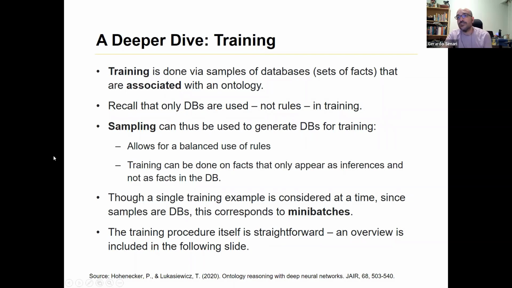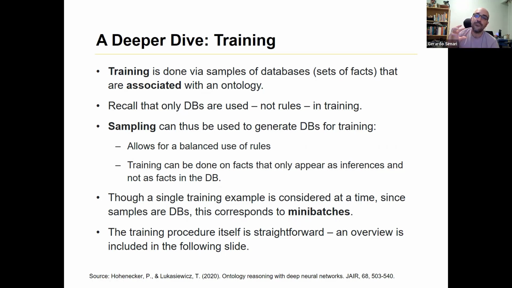So training also, not really much to say, is done, as I mentioned in the intuitive part, via samples of databases, which are sets of facts, as we call them, that are associated with an ontology. This is the interesting aspect that Paulo was also mentioning before.